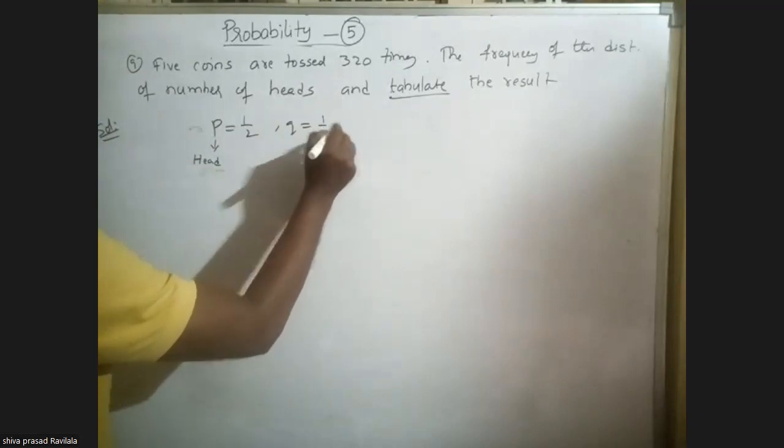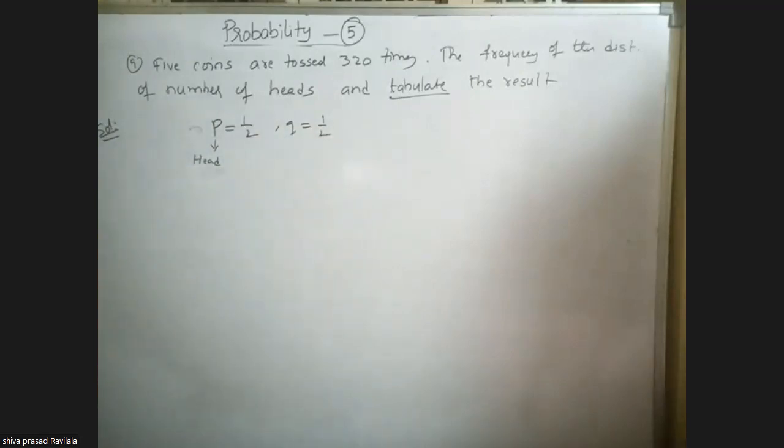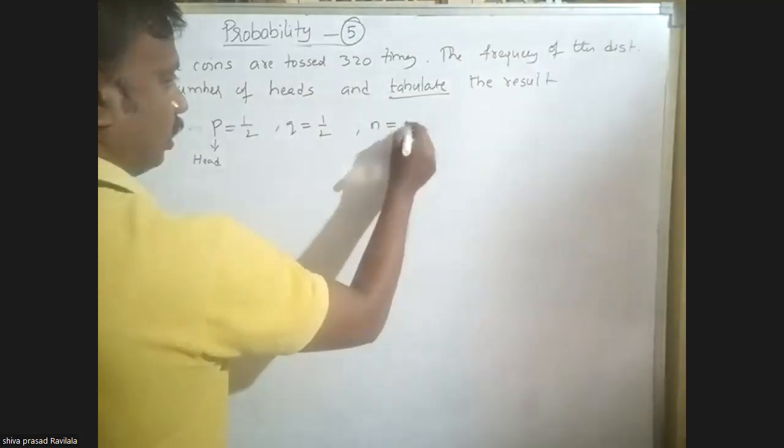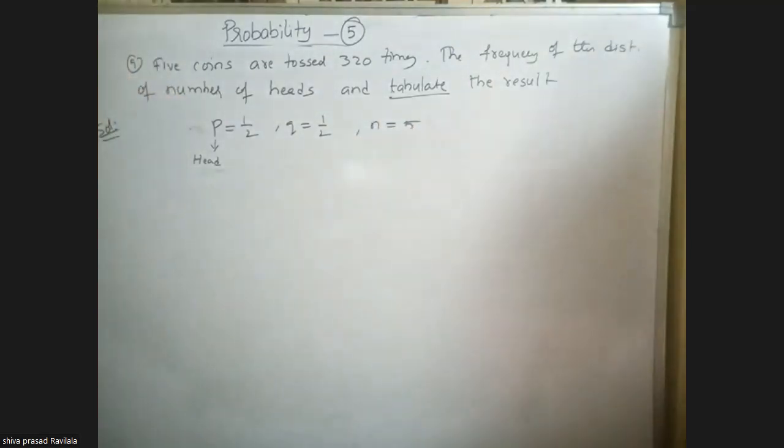Automatically q is equal to 1 by 2. What is n? 320 or 5? n is equal to 5 only, because the coin is tossed 5 times.